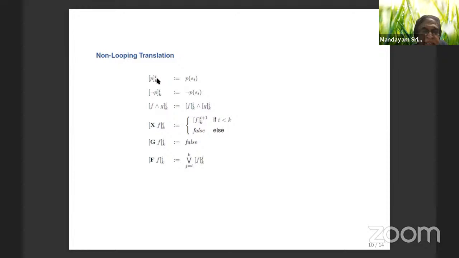Yeah, once again, it is defined. Given a K prefix, I'm defining this recursively, okay?